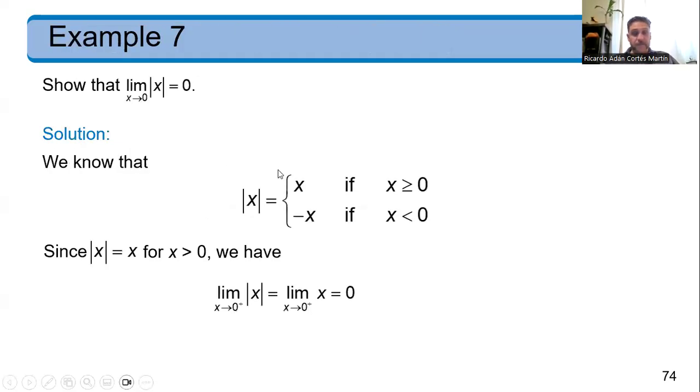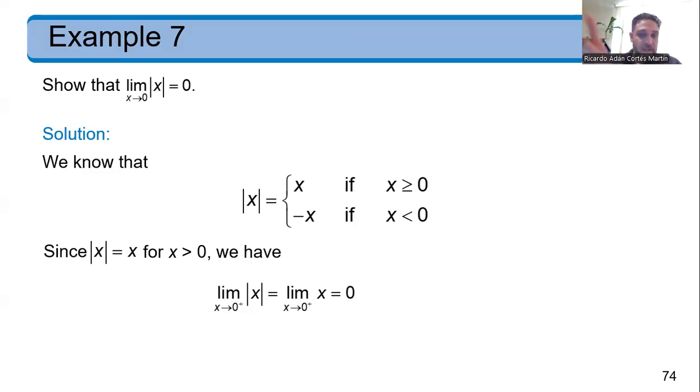So remember, for example, what is the limit of the absolute value of x as x tends to 0?